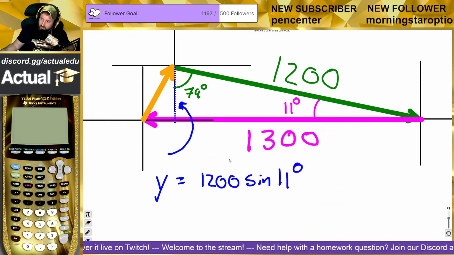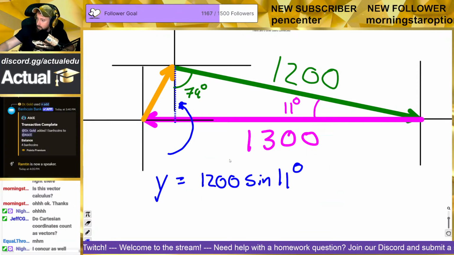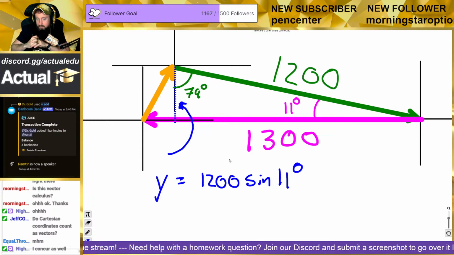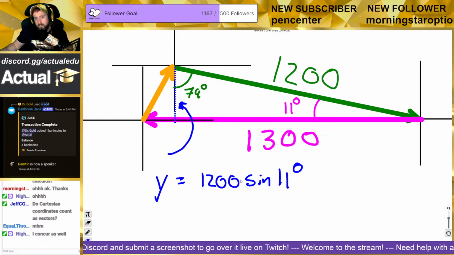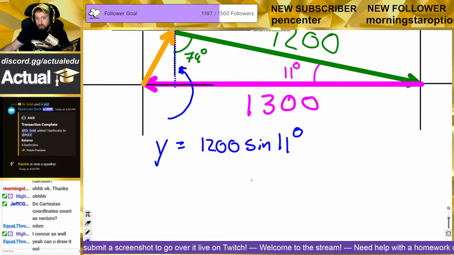Do you understand why that is? Or would you like for me to draw out the trig identity? I can draw it out. Yeah, totally cool, man. All good.